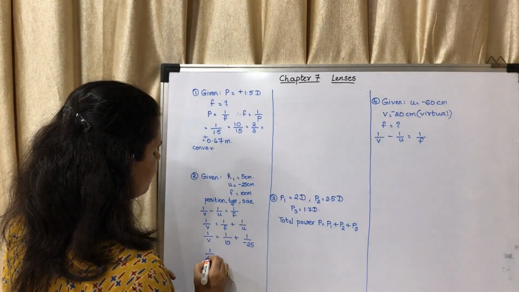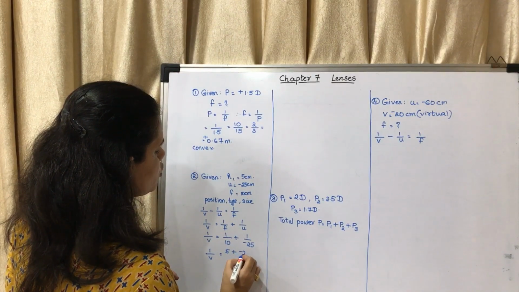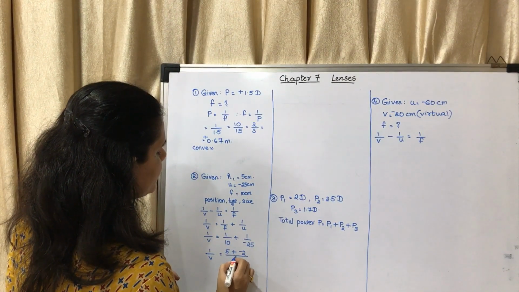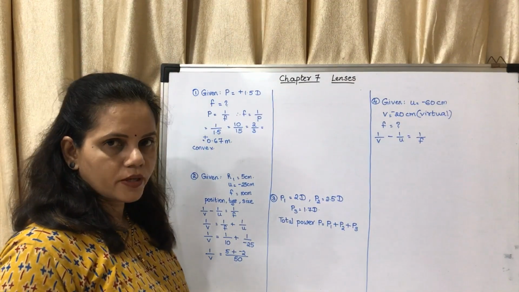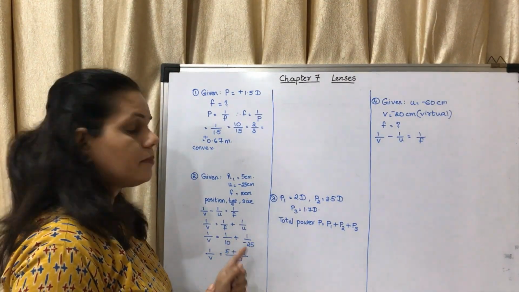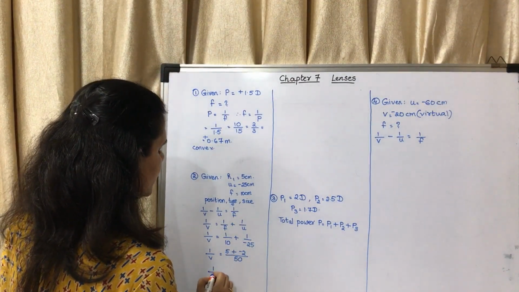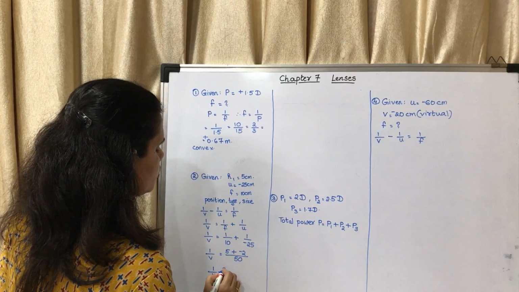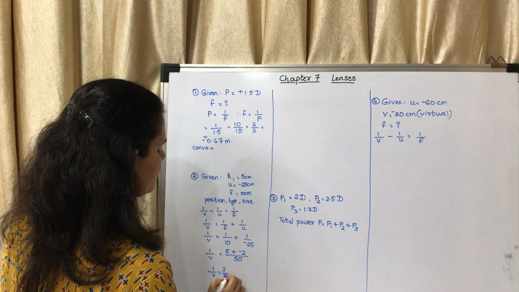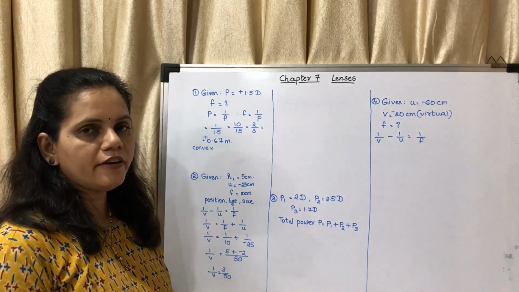So 1 upon v is equal to 5 plus minus 2 upon 50. Hope you remember how to find out the LCM. So 5 plus minus 2, you'll get 1 upon v is equal to 3 upon 50.